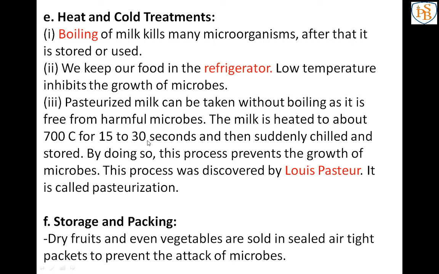That temperature is provided to the milk, and then suddenly the milk is chilled and stored. By pasteurization, we prevent the growth of microbes. And this method is used in industries producing large-scale milk products.